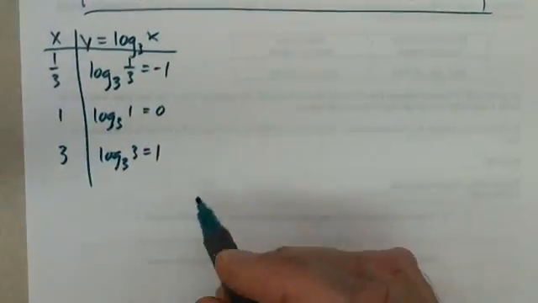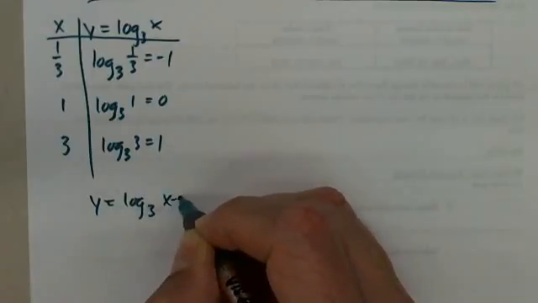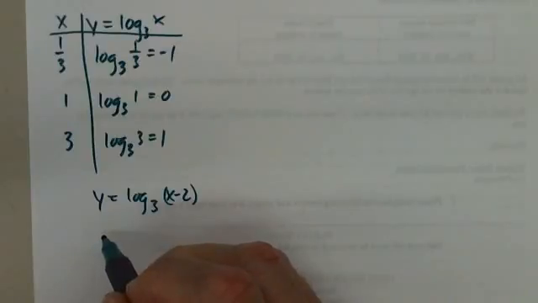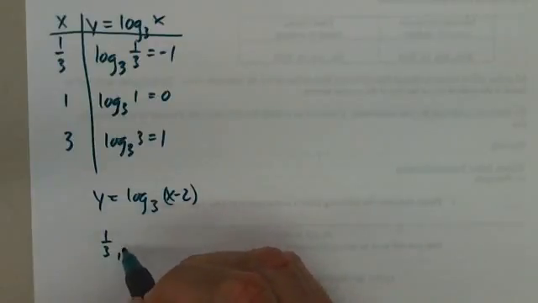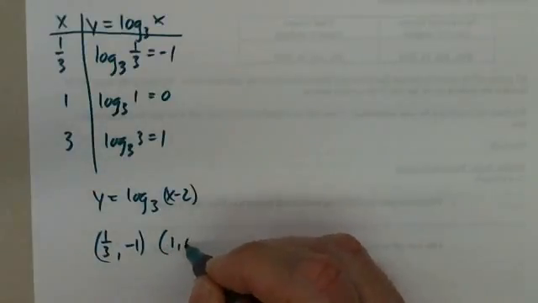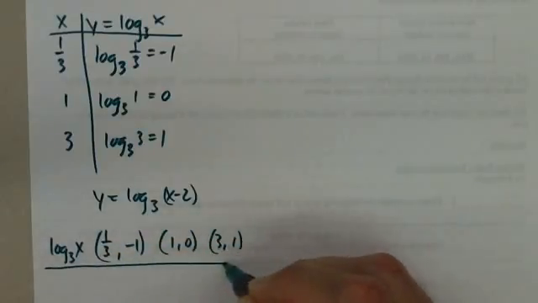So let's look at this. And we'll write down the coordinates of the parent function. This is log base 3 of x.